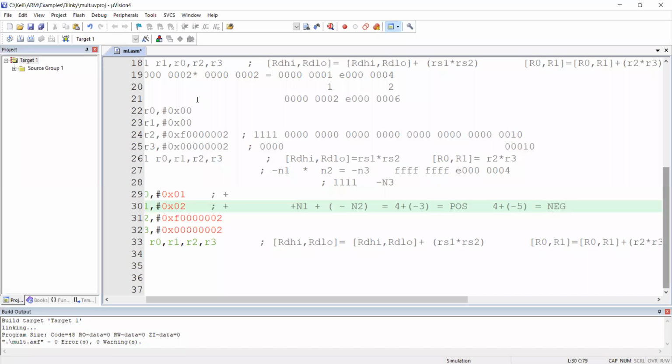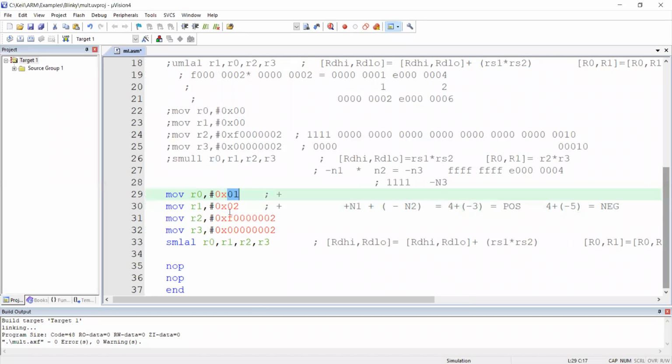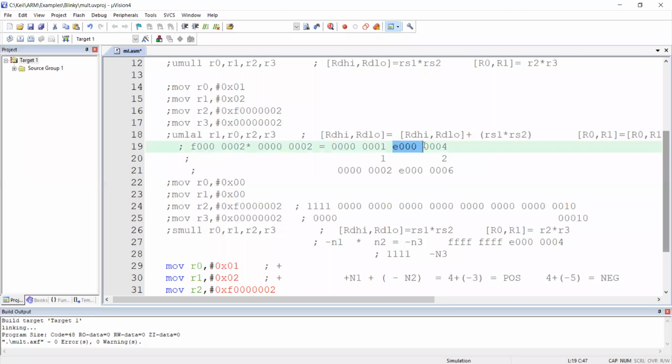So that means what we are storing, about that also we should be careful. I wanted to show the MLA effect of long, also with their sign. The product, what I will get, one part will be big, I think you remember the part here, E with 6 zeros and 4, this one part, and another part is 1. So this value is going to be stored in one register, which is RdLo, and the other in RdHi.